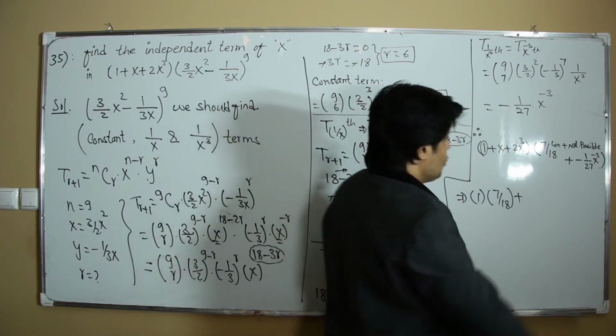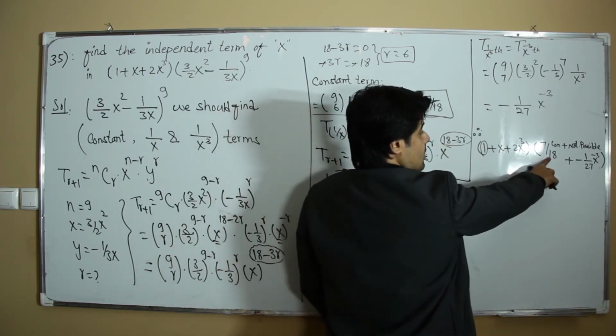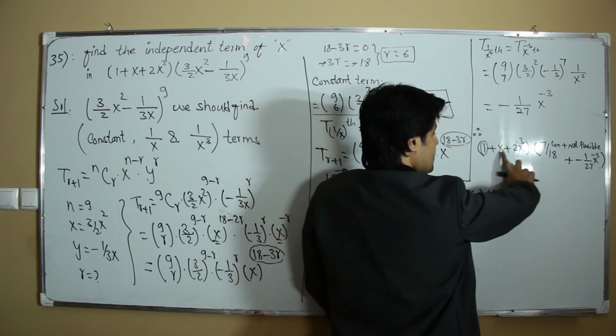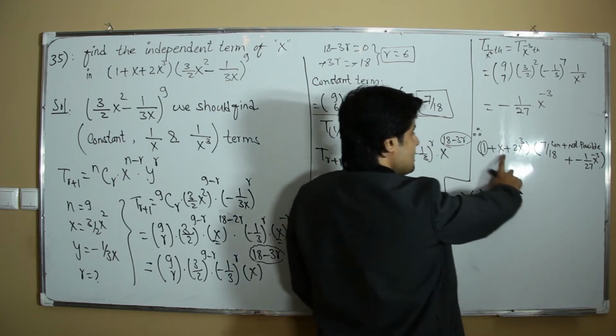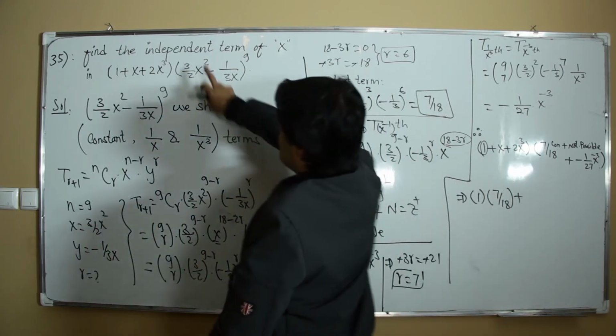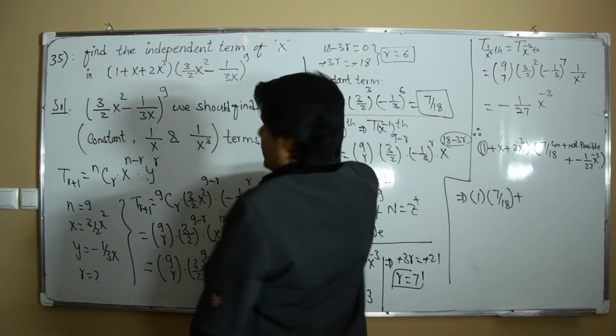Am I right? Do not multiply x with this constant number. Why? Because if x is multiplied with this constant number, you will have 7 divided by 18 times x, but the question is independent of the x.